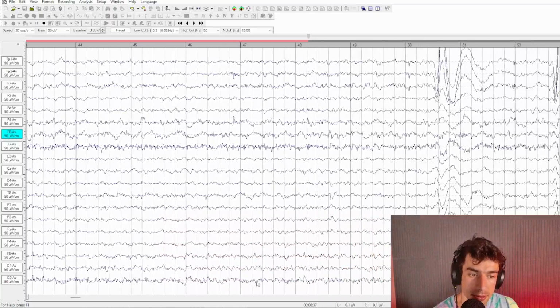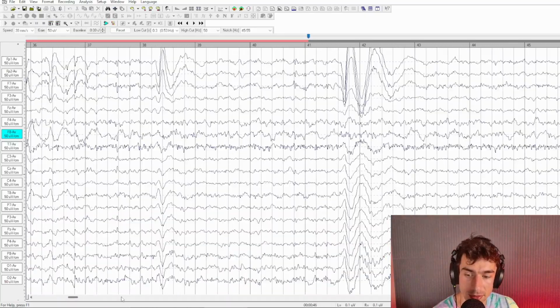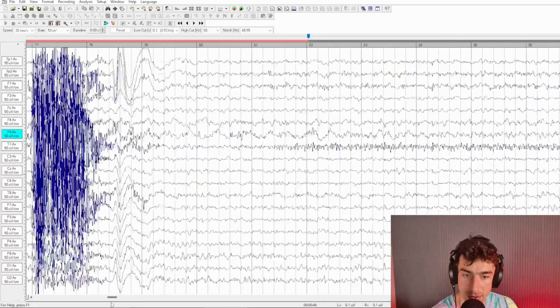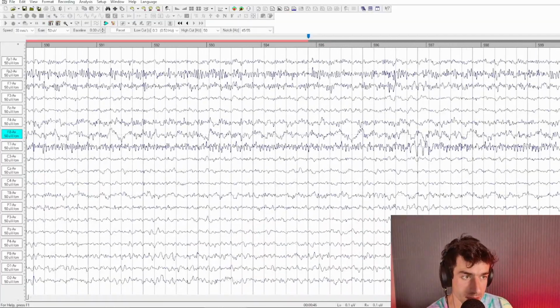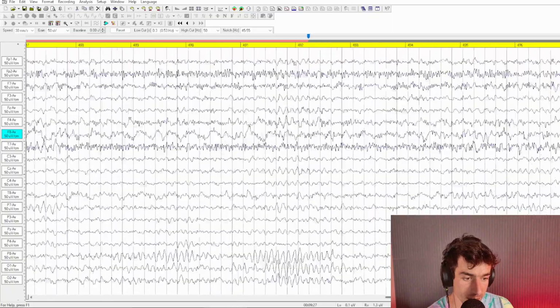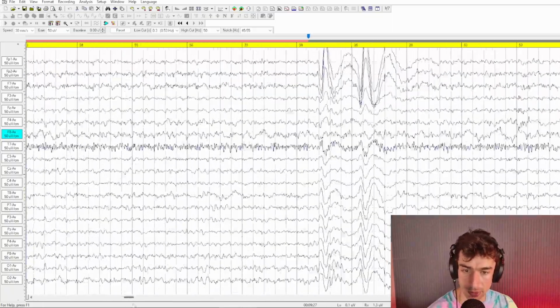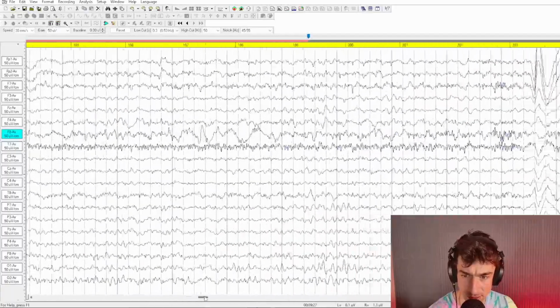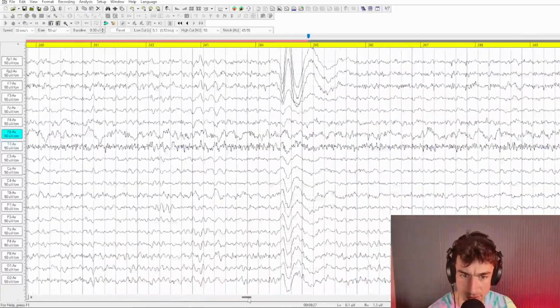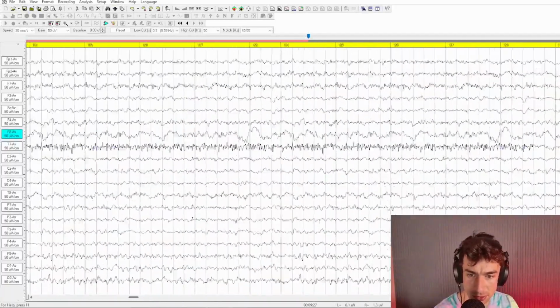Given the abundance of eye blink, we may just do the ICA right at the beginning and clean it up before we really go through with a fine-tooth comb. And it looks like some of these epochs have been removed. James mentioned that there were some sections with more noise.